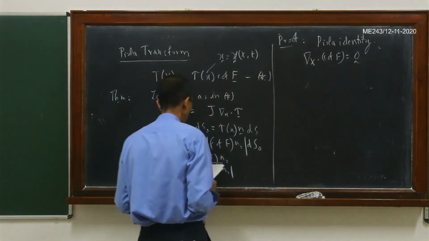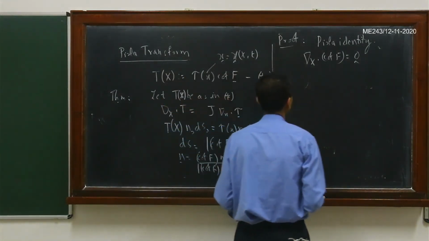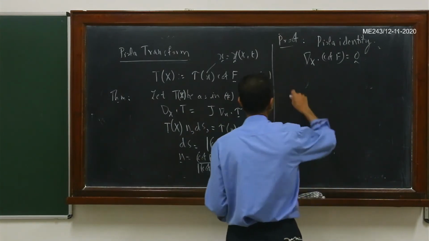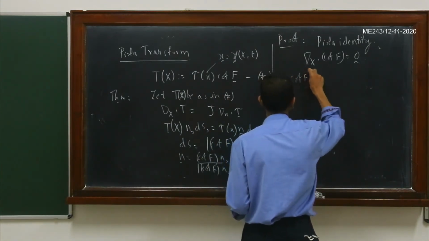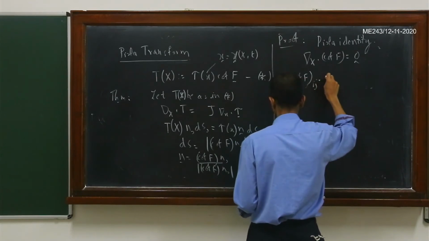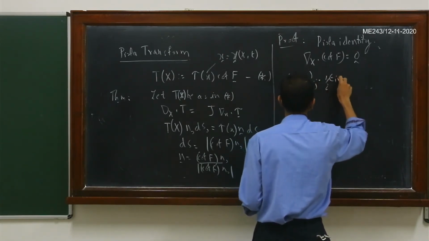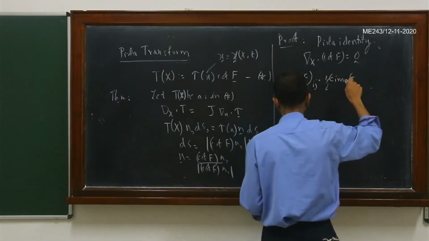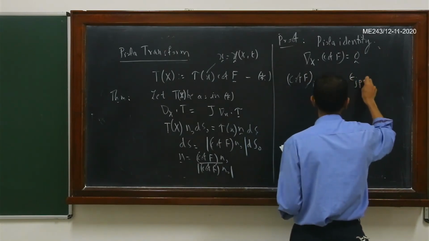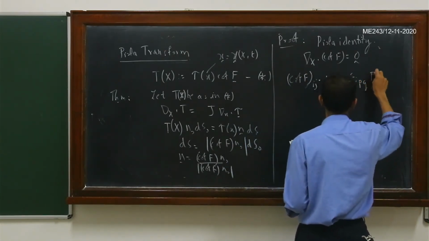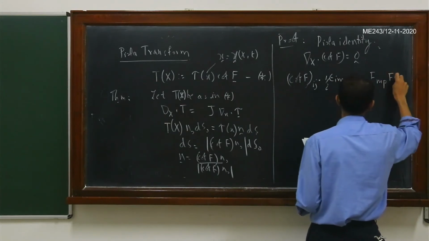Fine. So let us start with the expression for the cofactor. So cofactor Fij is half of epsilon imn epsilon jpq Fmp Fnq.